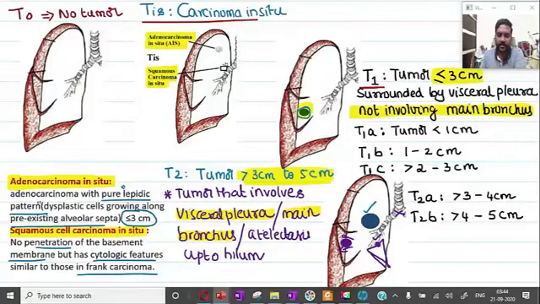You can see a tumor involving the visceral pleura or the bronchus, or it can cause atelectasis up to the hilum. So here, tumor more than 3 centimeter to 5 centimeter, or tumor that involves visceral pleura, main bronchus, atelectasis up to hilum.